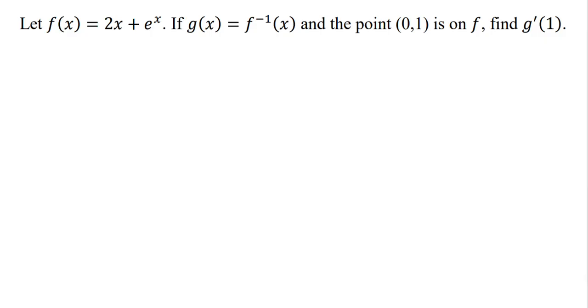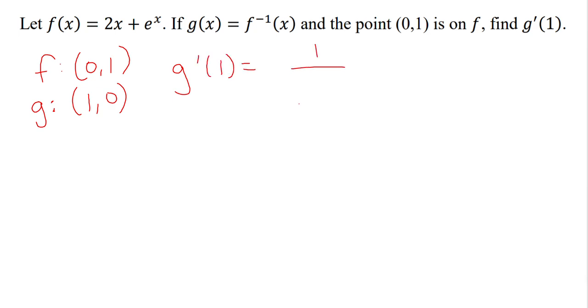For our second one here, we're again given that f and g are inverses, and we're given a point that's on f again. We have the point 0, 1 is on f, and g then must contain the point 1, 0. So in order to figure out what g prime of 1 is, g prime of 1 will equal 1 over f prime of 0.